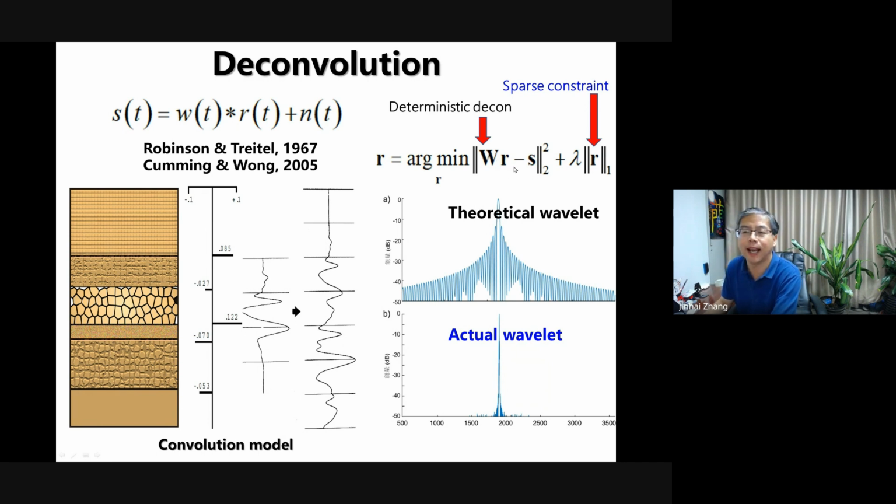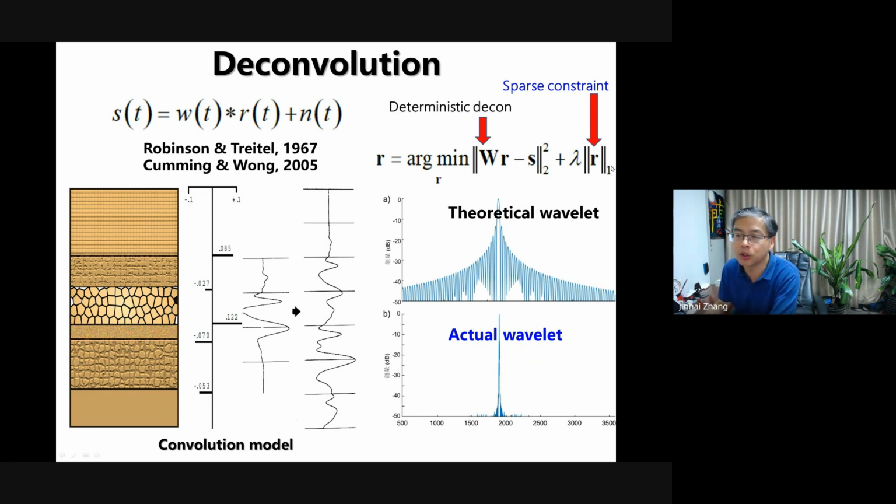So the basic idea is to use deterministic deconvolution with a sparse constraint. Here is the weight, here is the reflectivity, and here is the data. The model is considered sparse, which means we have only several layers.